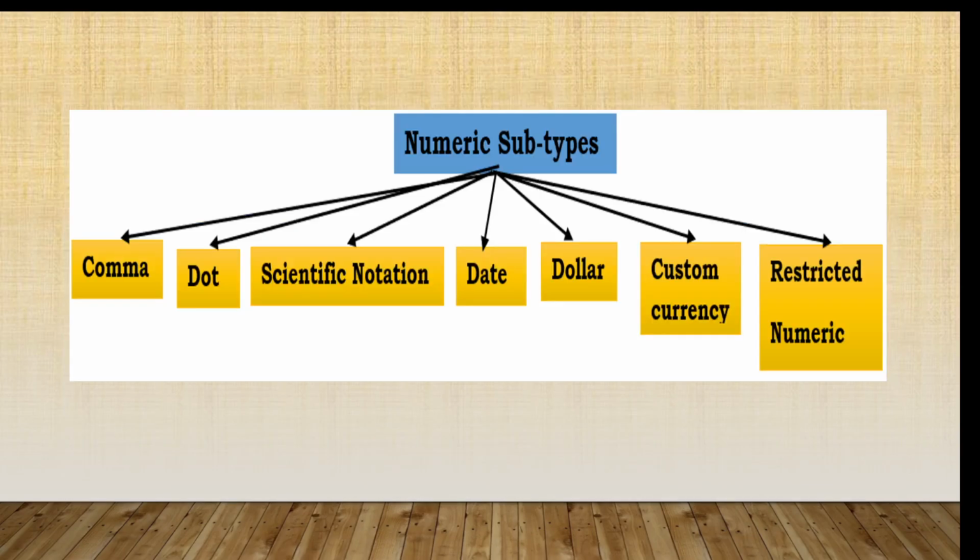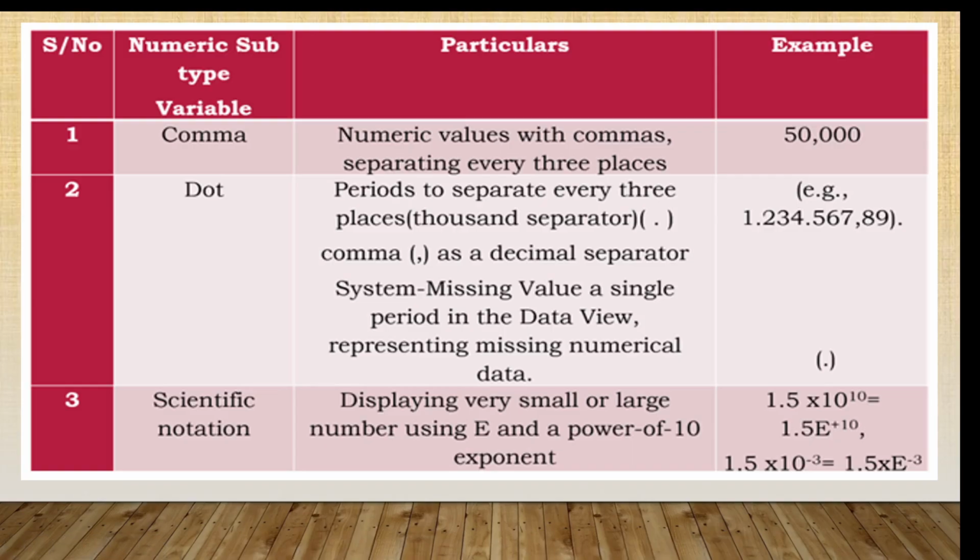The numeric variables can be divided further into numeric subtypes, which include comma, dot, scientific notation, date, dollar, custom currency, and restricted numeric. These are indicated in this table with some examples.